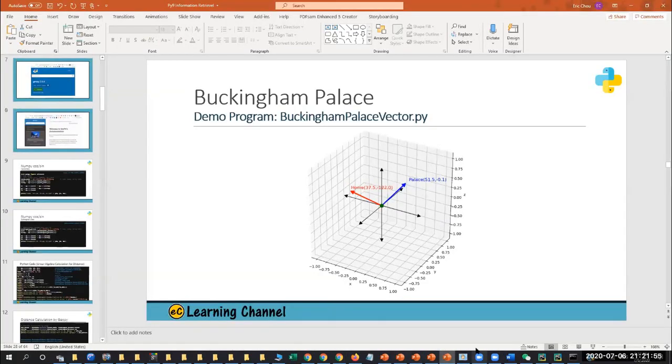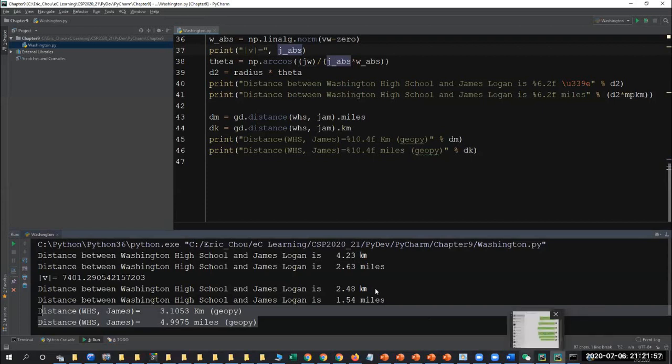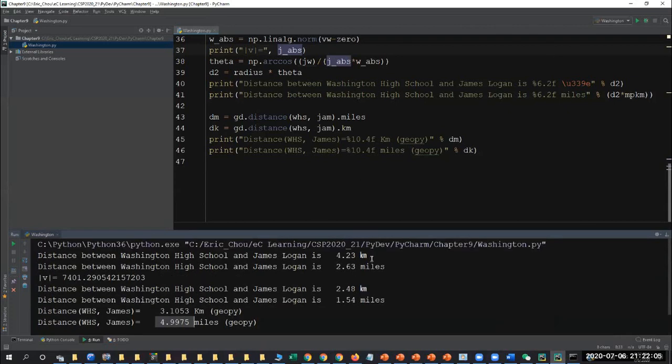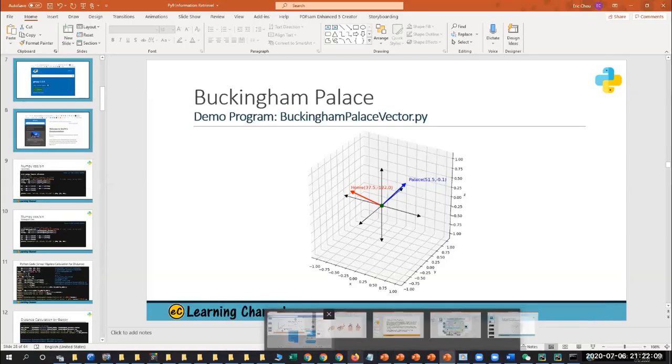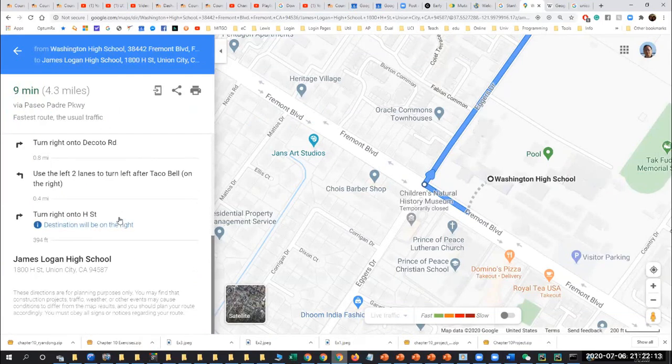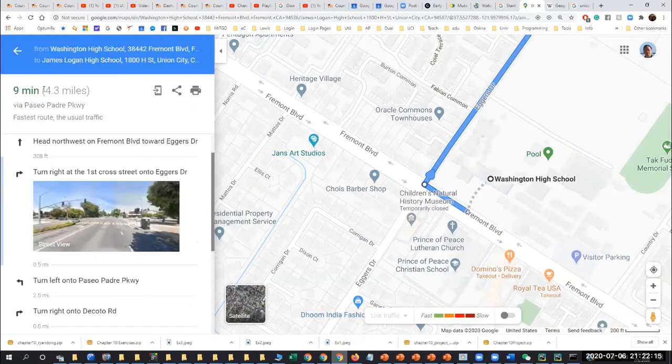So here we have, why this one? What is that? I think the measurement probably, I don't know. It said 4.3 miles.